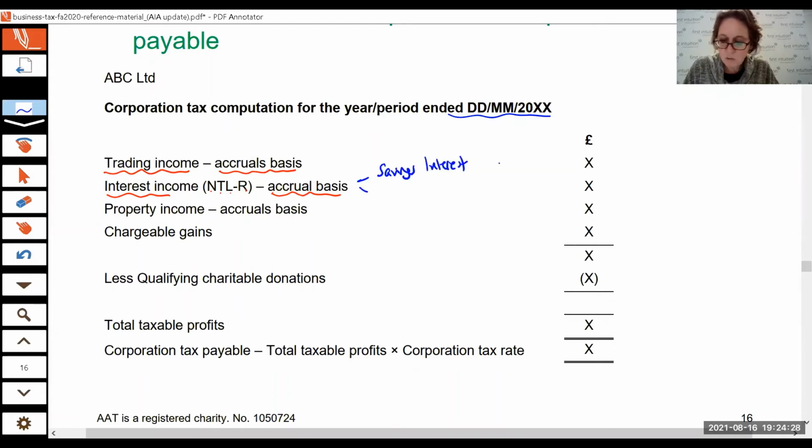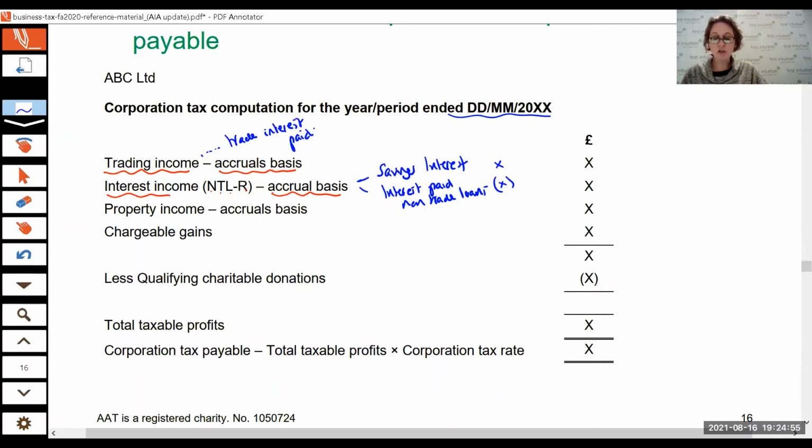And then from that, you would deduct interest on non-trade loans. So interest paid on non-trade loans. So if you had a trade loan, like a loan to buy a machine, that would be included in here. So any trade interest paid should be within your trading section.